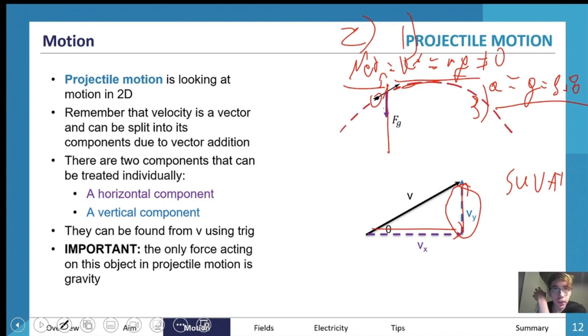The horizontal plane is easier to understand because what you need to think is, all right, in the horizontal plane, are there any forces? Again, we ignore air resistance. We do not do quantitative measuring of air resistance in VCE physics so far. Well, there are no other forces acting on the cannonball horizontally.